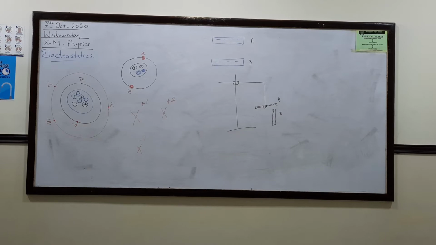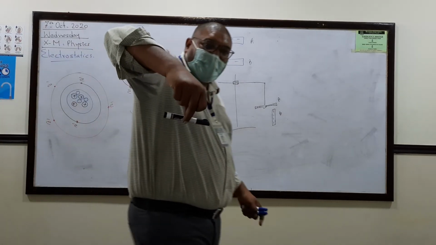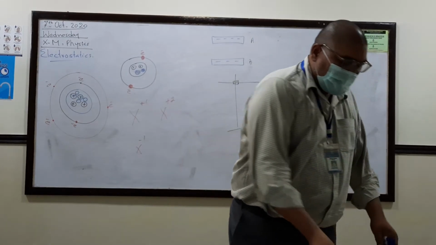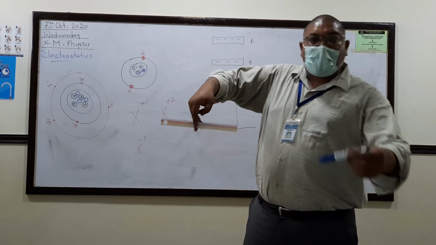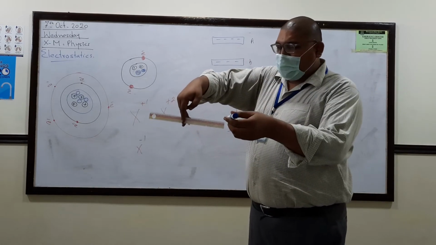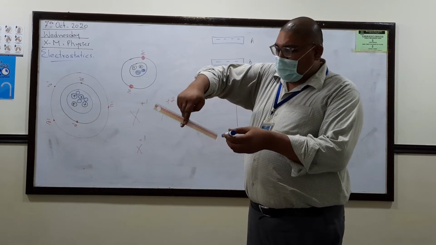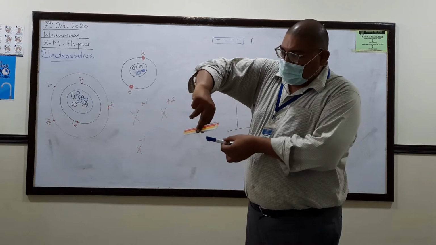So when you bring rod B near rod A, rod A will start twisting. Suppose rod A is hanging like this. When you bring rod B near it, it will start twisting.